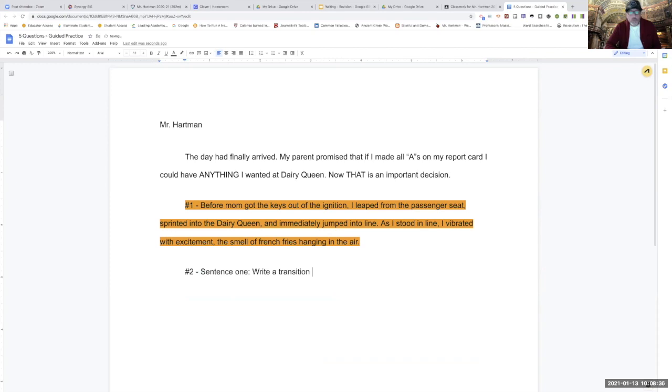So you're writing a transition sentence that gets you from waiting in line up to the counter. So this could be things like "before I knew it," okay, which is a dependent clause.